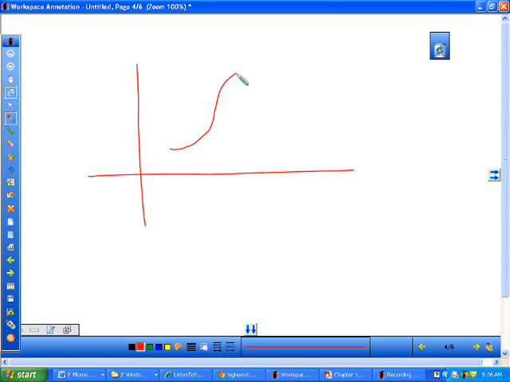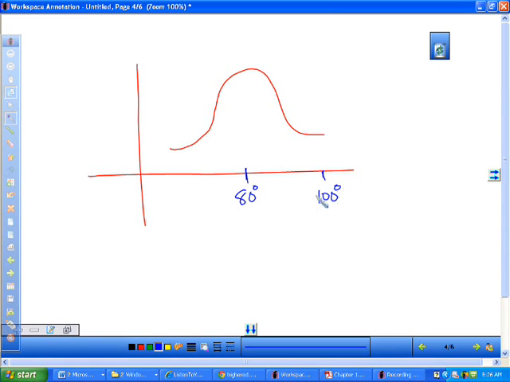So if I give you one like this, and this is 80 degrees, and I give you this one as 100 degrees, can you write the equation of this? First of all, you need to understand how much I gave you. Did I give you the full amount, or half of the amount in terms of the period length?